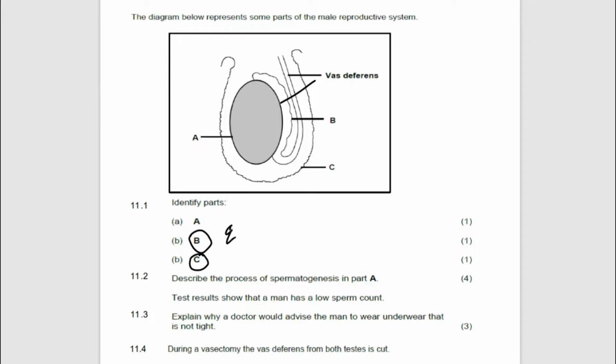Don't forget to write the correct spelling for epididymis, and also the correct spelling for testis. Testis is one, but testes if there are many. Testis if it's one. And then this one is scrotum.